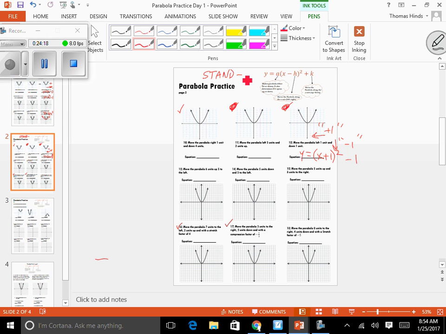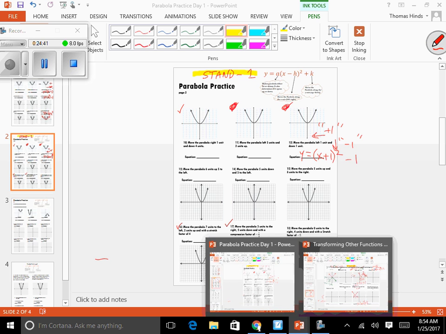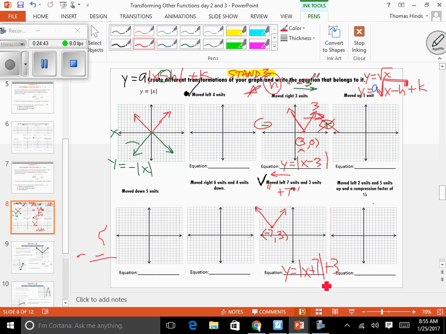These will be important just when you get your score back. And you go, oh shoot, I missed that one. Where do I go? Find standard 1, standard 2, standard 3. All right, standard 1 on the parabola. Standard 3 on the absolute value. And you're about to put standard 4 on the circle sheet.